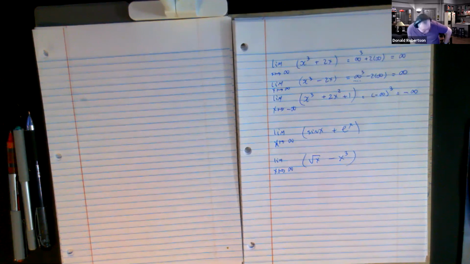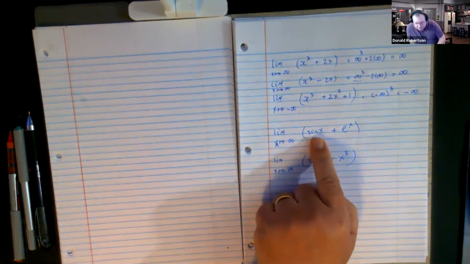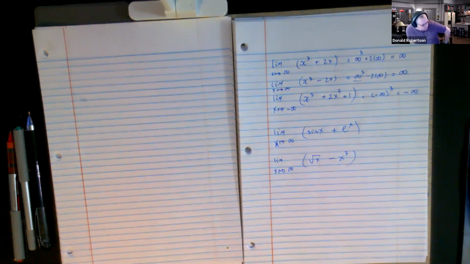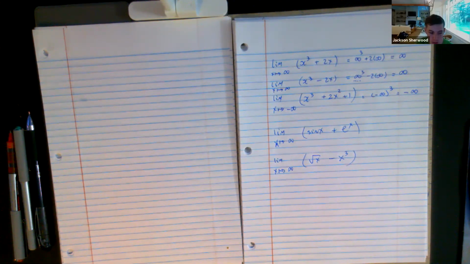Oh, by the way, all these questions are going to be plus or minus infinity. You're not going to have, tending to 2 or anything going on. Right. Sine x plus e to the x. Who do you think is going to win the battle of who's the biggest? E to the x.